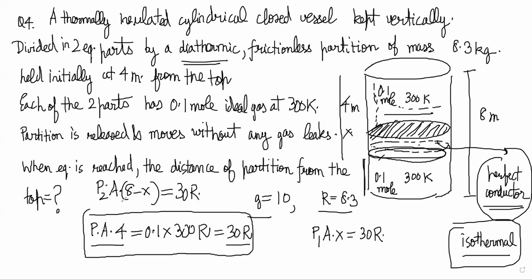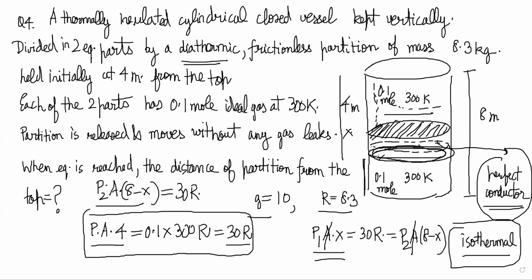So we can get the relation between P1 and P2 from here. You can easily say this is equal to P2 into A into 8 minus X, and A will get cancelled. And we are getting P1X is equal to P2 into 8 minus X, right?